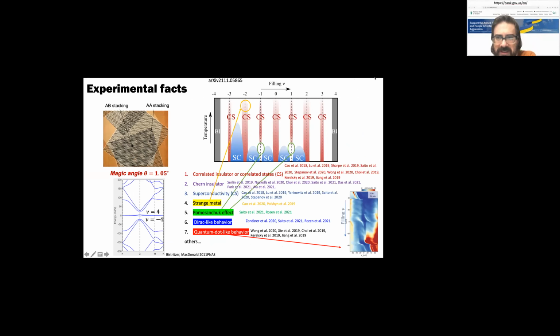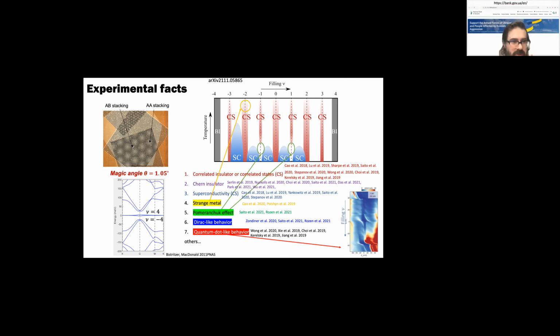So of course, I'm giving a talk at a place that's very familiar with twisted bilayer graphene. So I'm going to give a very short introduction to the subject and then delve right into it. What we're going to be talking about is the physics of the correlated states of two twisted layers of graphene that create a moire pattern.